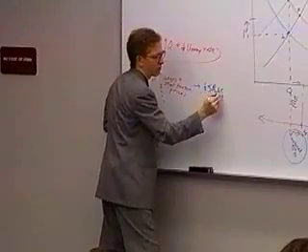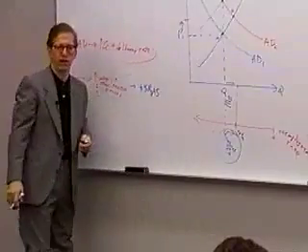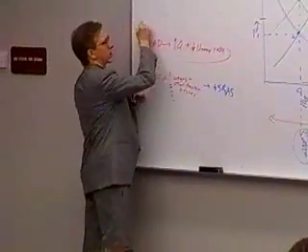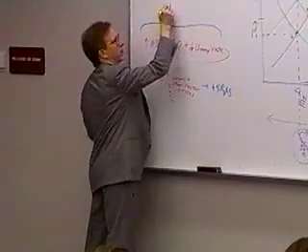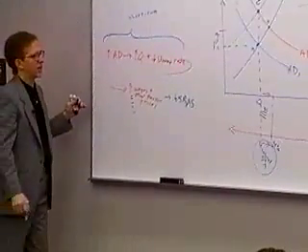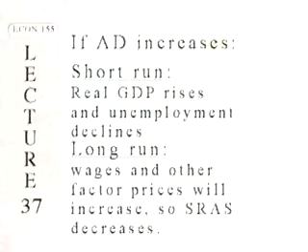That will cause a decrease in short-run aggregate supply, cause the curve to shift to the left. Now that's not right away. So I'm saying this is the short-run relationship. And I'm saying that what happens down here is the longer-run response to this shift in aggregate demand.